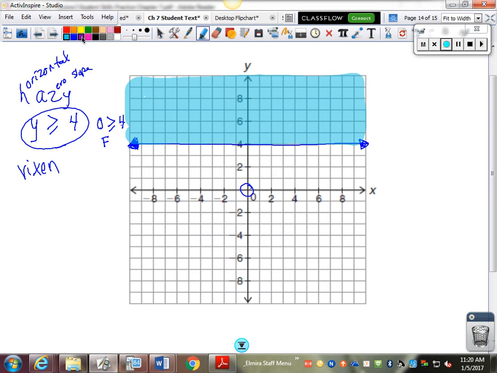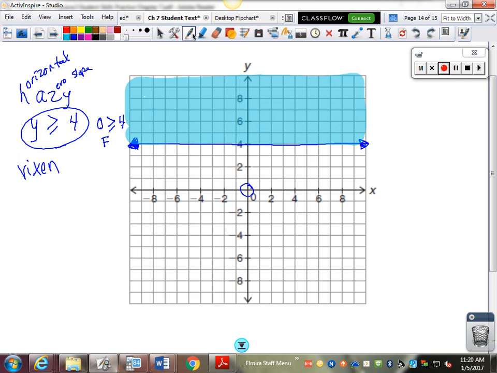Vixen. Vixen is meant to help you remember that when x is less than -1, there's no y in this at all, it's only x and a number.